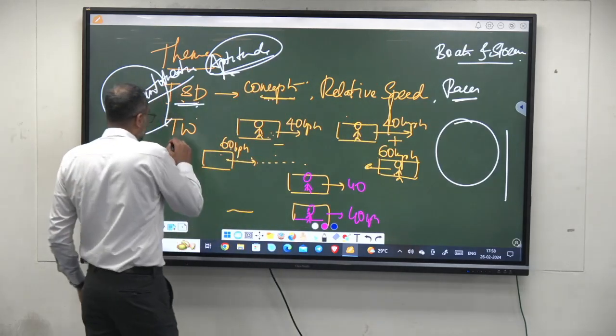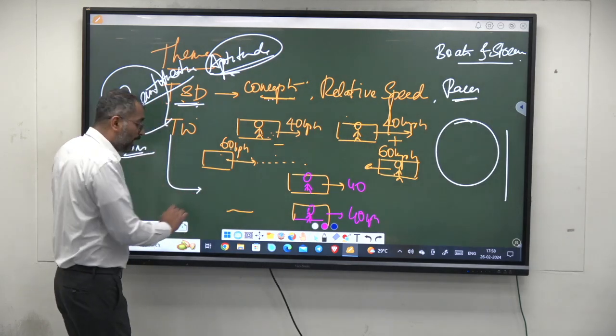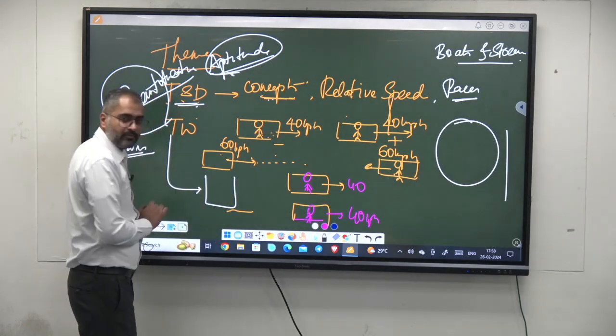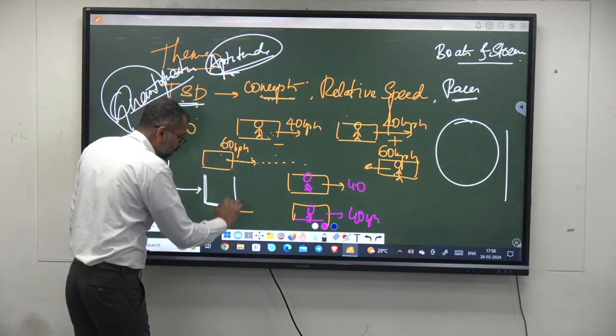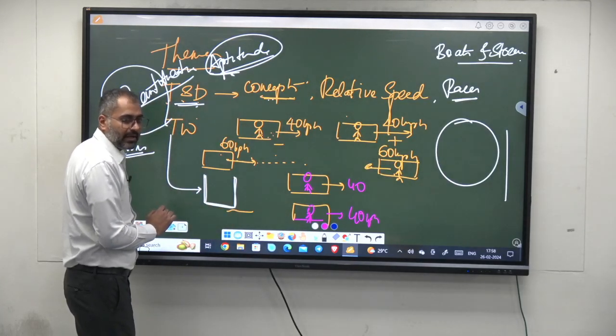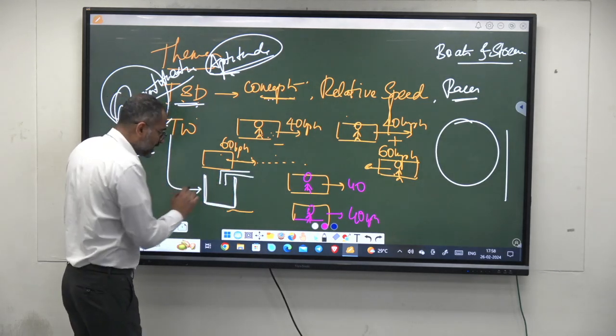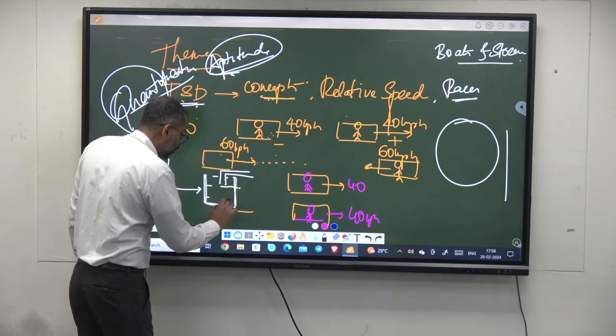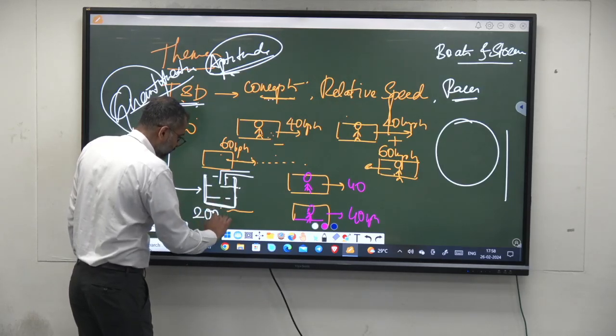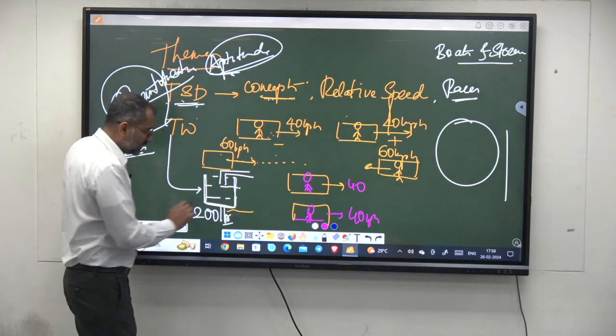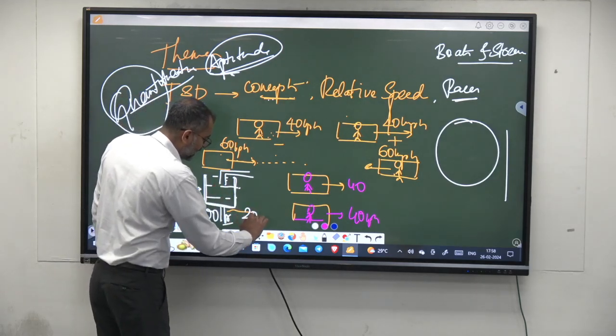Similarly, when it comes to time and work, you have pipes and cisterns also. Let's consider this as a tank, a tank fitted with a pipe. This tank can hold 200 liters. This pipe can fill 20 liters per minute.